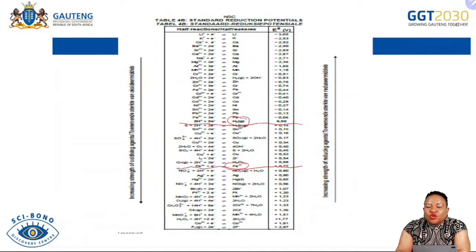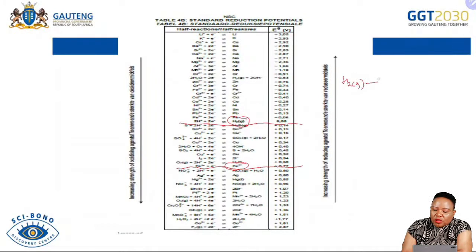Therefore, it means the hydrogen half cell will undergo oxidation, which means hydrogen gas undergoes oxidation and forms H+, which is our aqueous, plus 2 electrons. And our reduction will be exactly as it is, iron 3+ aqueous plus an electron going to iron 2+, which is our aqueous.